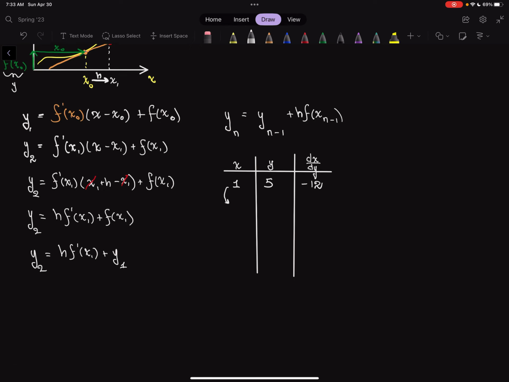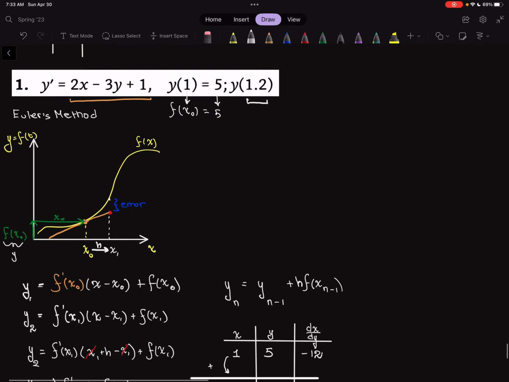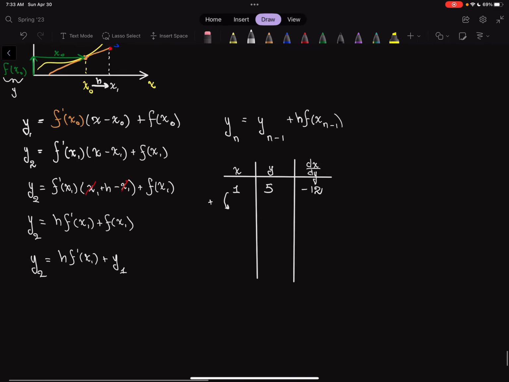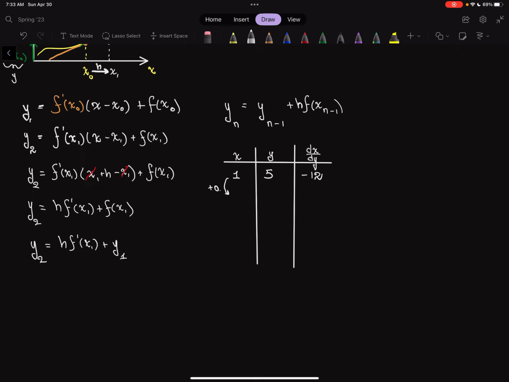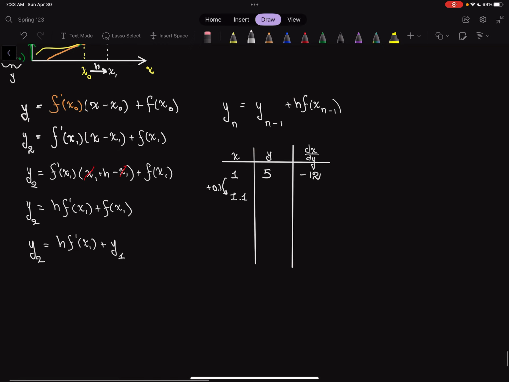Then we want to add 0.1, because they're telling us to do it in 0.1 increments. So this is going to be 1.1. What is y going to be? Negative 12 is the slope, and I don't know why I wrote dx dy, I meant to write dy dx. Negative 12 is the change in y if you go by a step of 1.